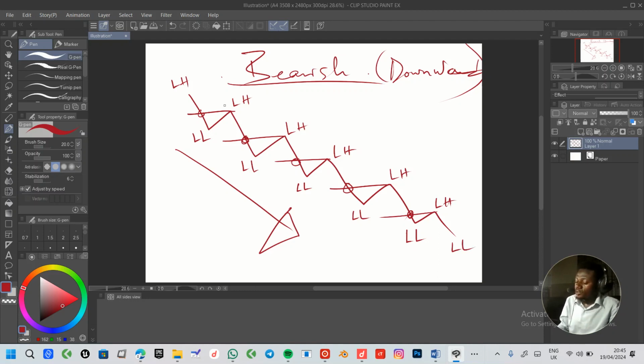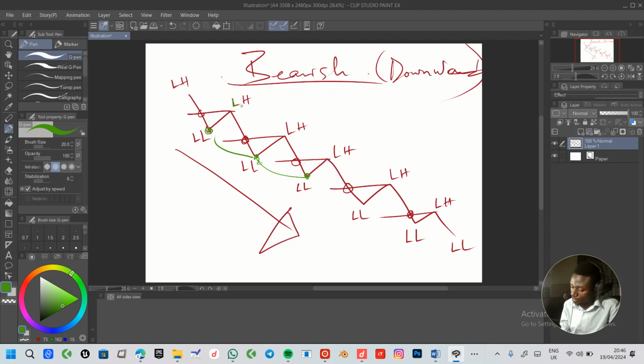Each low that goes below the previous low is called a lower low, because this low is lower than this low. This is a lower high because it's higher than this low.